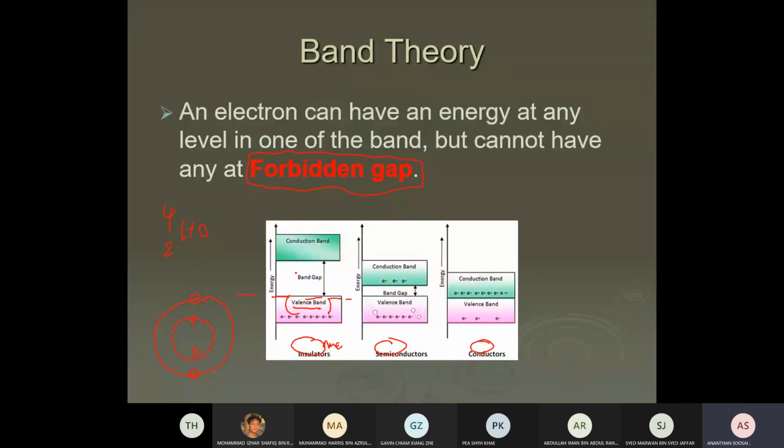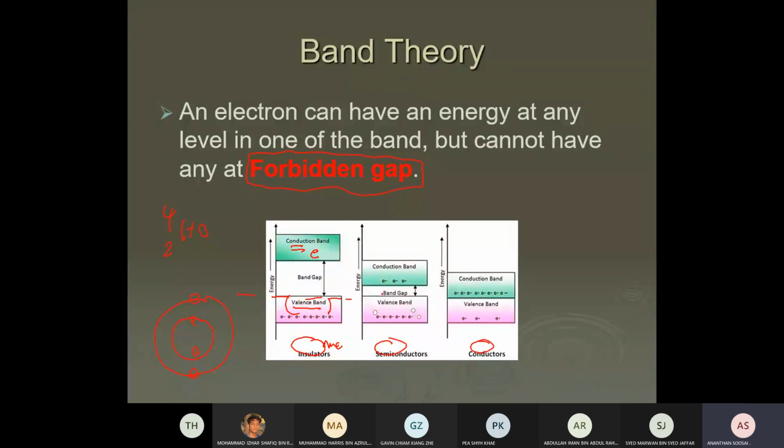Then after that forbidden gap, you have another band called the conduction band. Here electrons can stay. If an electron jumps from the valence band, getting photon energy, to the conduction band, the electron can promote current flow.